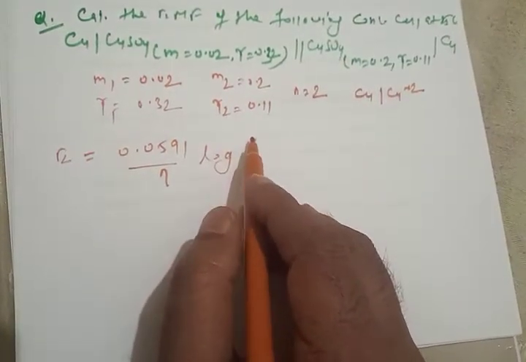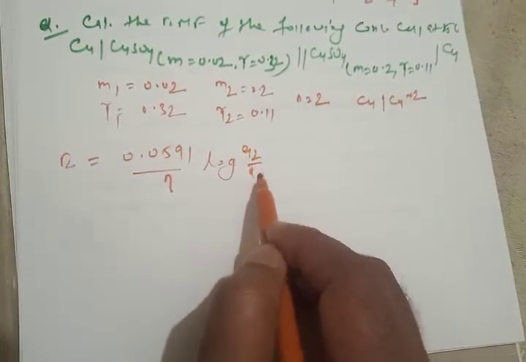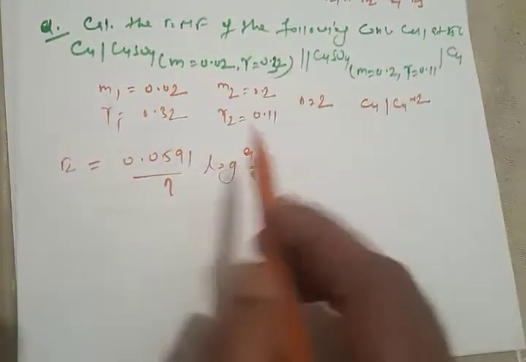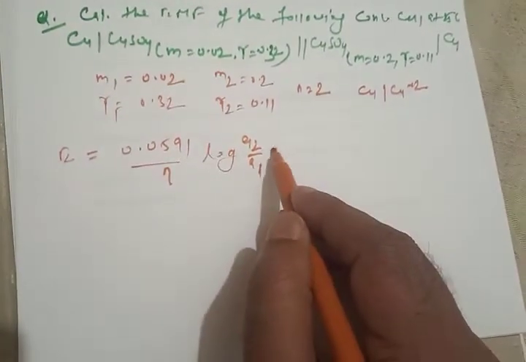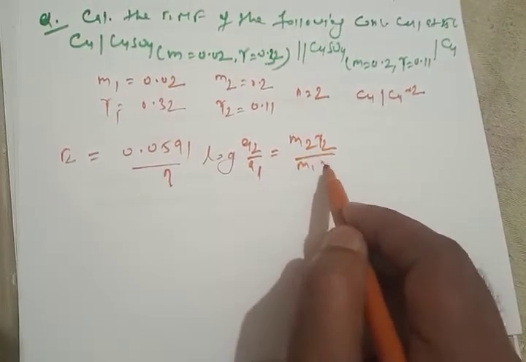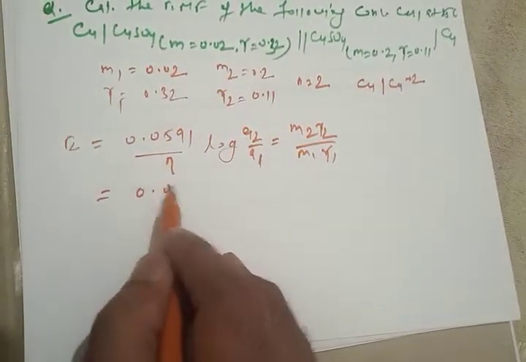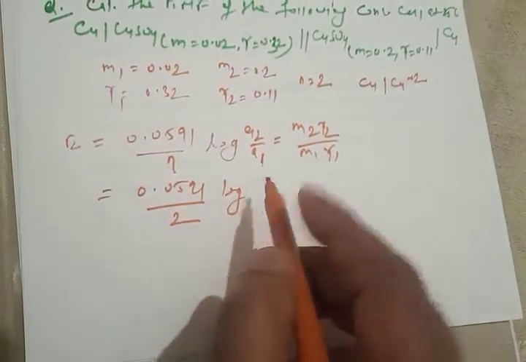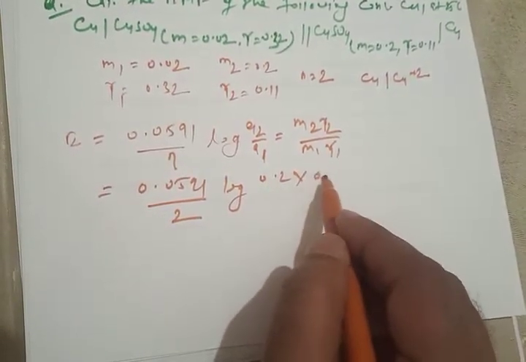And as it is a concentration cell, it is A2 upon A1. We have been given the value of molality, so this activity will be converted into m2 gamma 2 and m1 gamma 1.